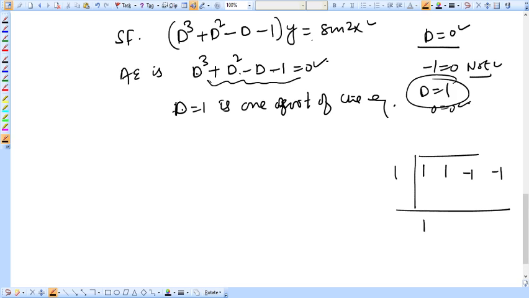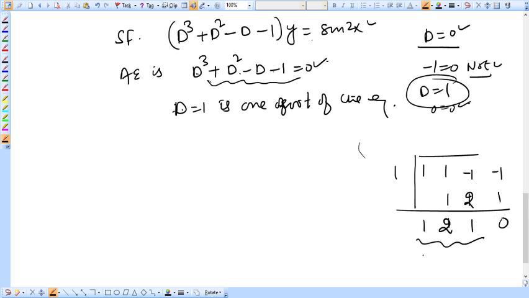So 1, 1 into 1 is 1, then 2, 2 into 1 is 2, then 1, 1 into 1 is 1, and 0.